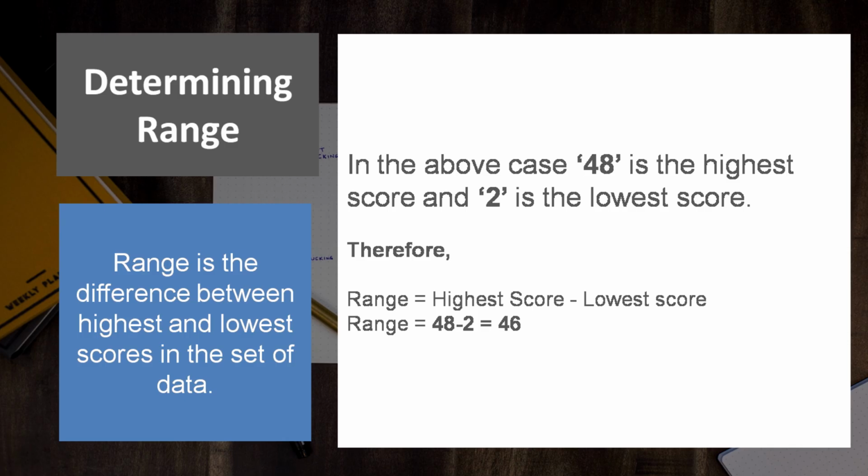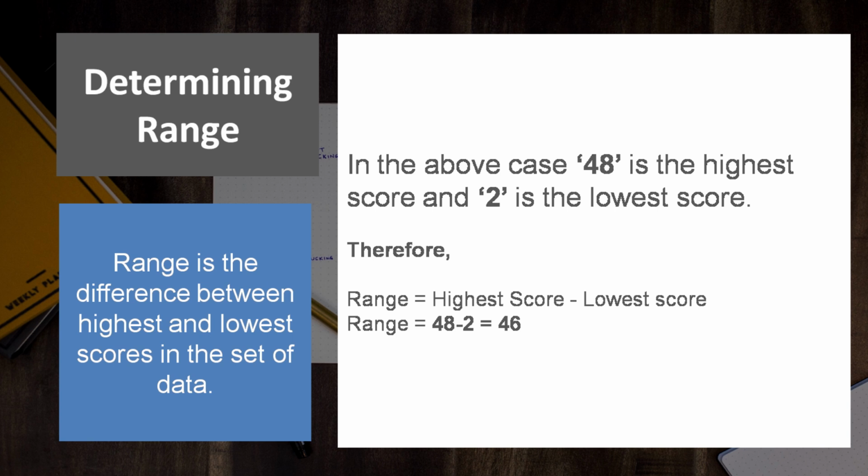The formula for range is the difference between the highest and the lowest score, highest score minus lowest score. Highest score is 48 and lowest score is 2. So 48 minus 2 is 46. So here range is 46. This is the first step for preparing a frequency distribution table for organizing the data.